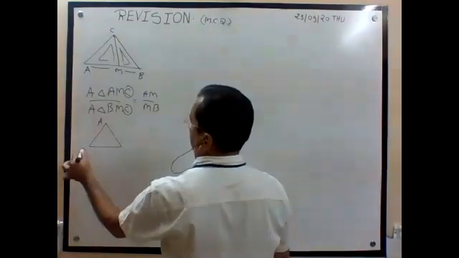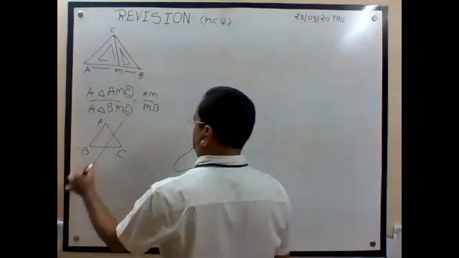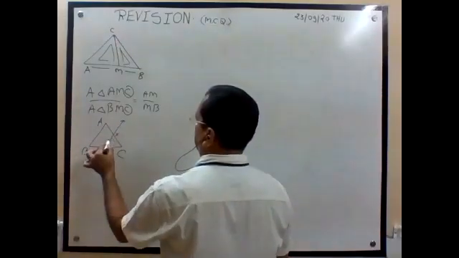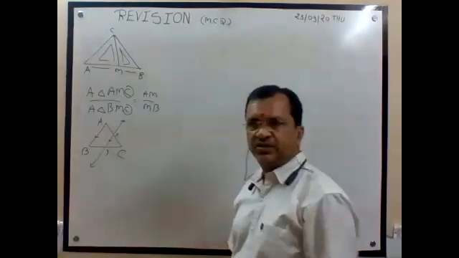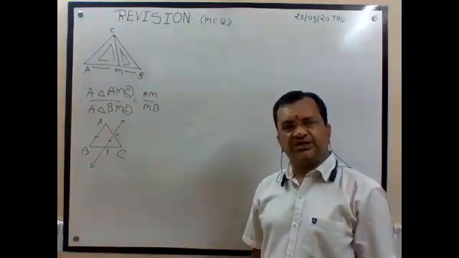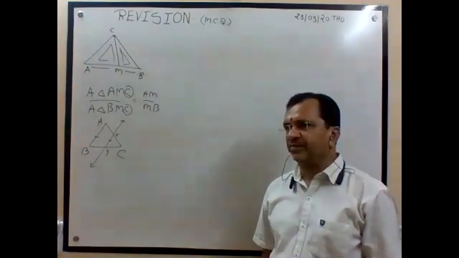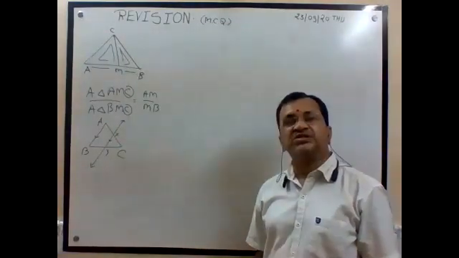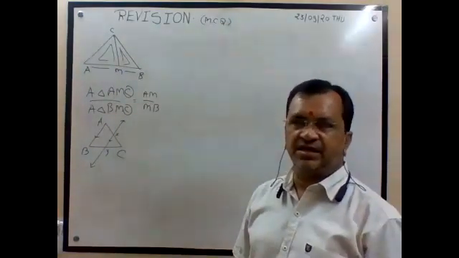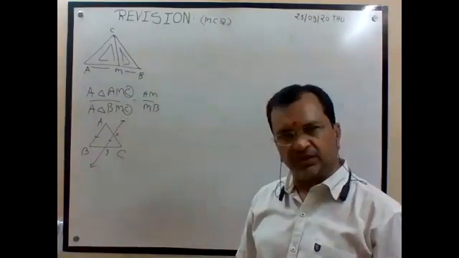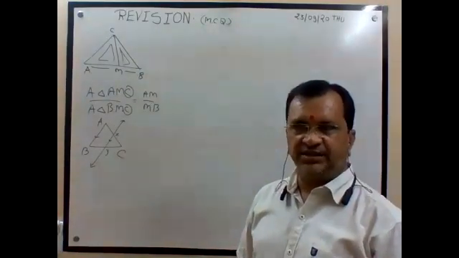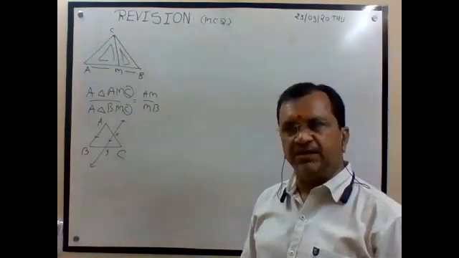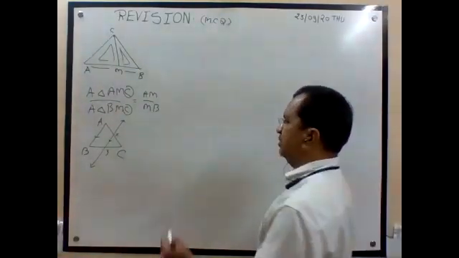Now one given A, B, C, X and Y given like this, and these are parallel given. In a triangle, when one line is parallel to one side of the triangle and it intersects the rest of the two sides of the triangle, at that time only we can use BPT, basic proportionality theorem.